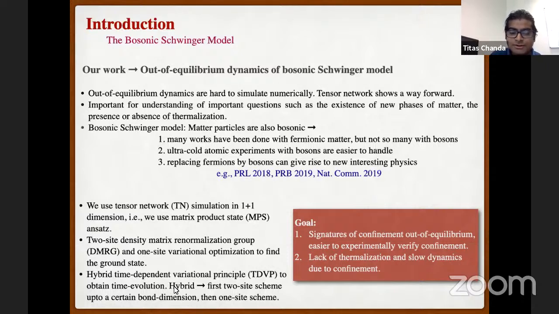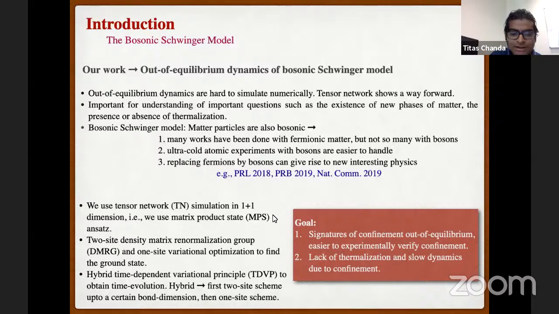Why is it hybrid? Because we first use a two-side scheme to increase the bond dimension of the MPS dynamically during the first few time steps, as long as the bond dimension of the MPS is not saturated to a certain value. And then we move to the one-side version of TDVP to minimize the error due to truncation.